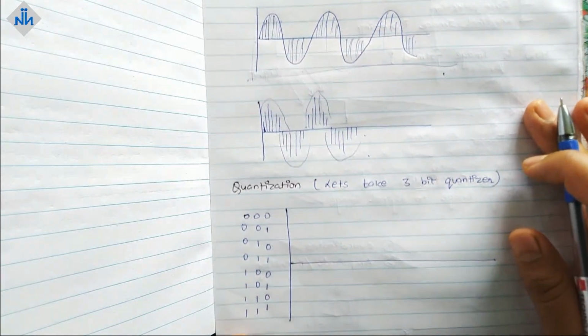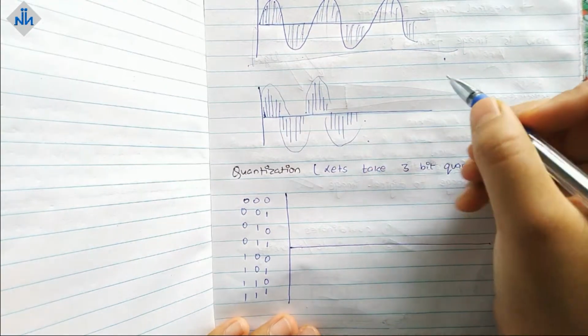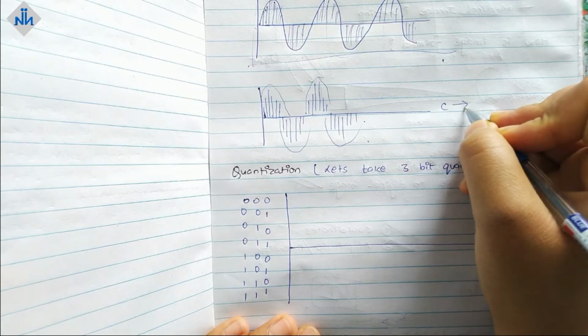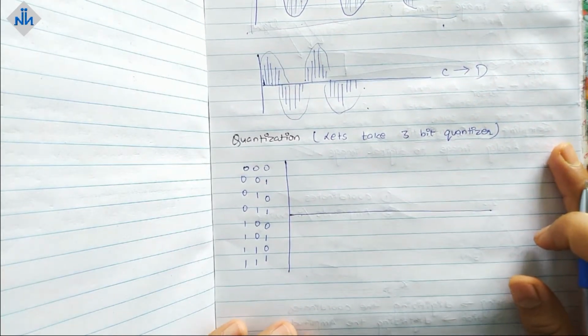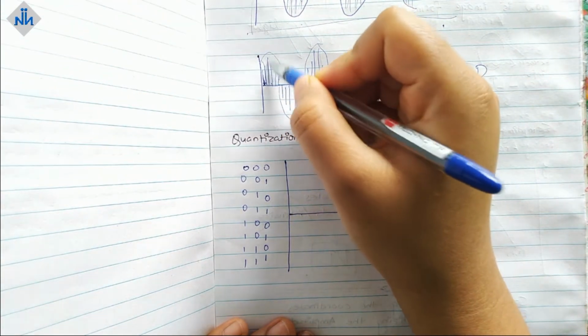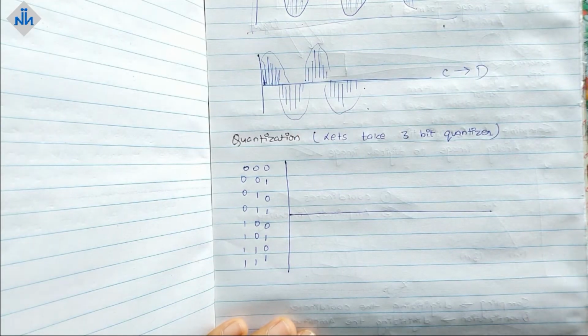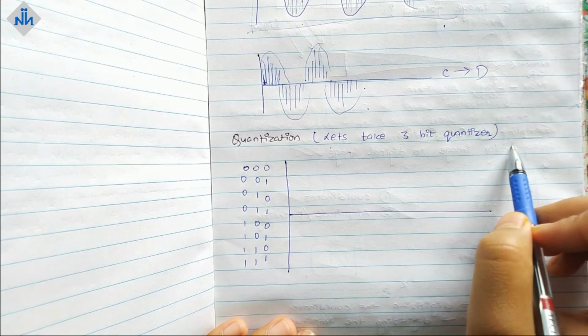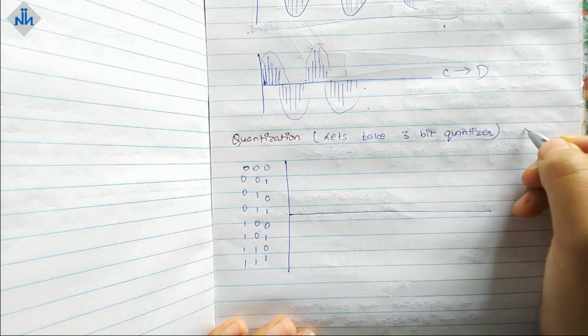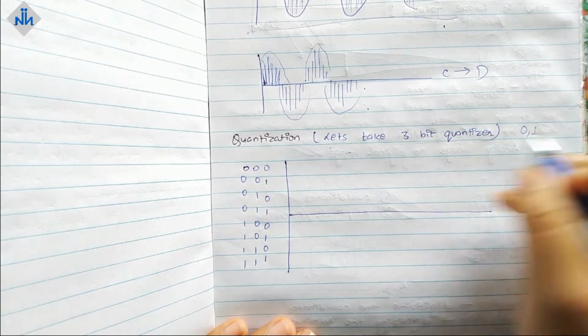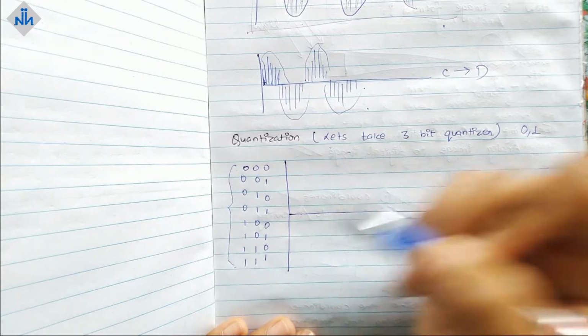Now what we do after that is quantization. We have changed the coordinates into digital form. Now we are trying to change each and every value, the amplitudes, into a digital form. So let's take a 3-bit quantizer. A 3-bit quantizer means we can only use 0 and 1, and we're taking 3 bits, so we have these combinations.